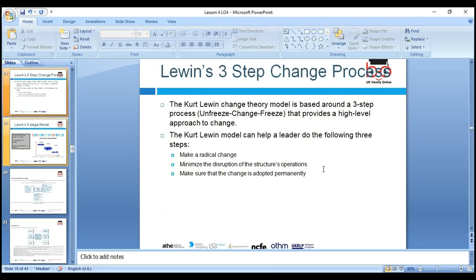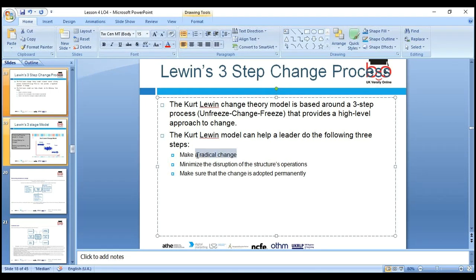Next, this three-step change process by Lewin for how we can implement change. Step one is to make a radical change. Can we make a radical change? Minimize disruptions or any inconsistencies that might happen in our organization.